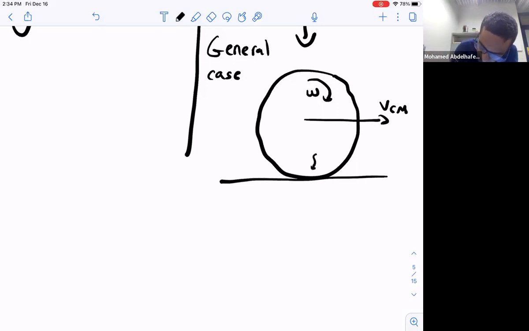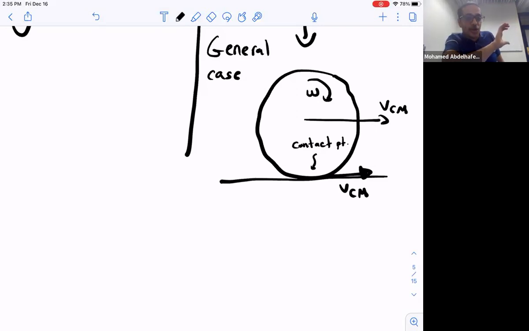So that's why let's look at this contact point, which is what the ground sees. This contact point has two different types of motion. It is translating because the whole object is translating forward. So here, this contact point is translating forward with VCM because the whole object is going with VCM. But at the same time, the spinning of the object gives it a circular motion, a tangential velocity, the omega of the object.